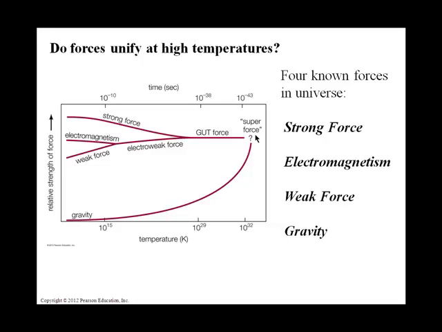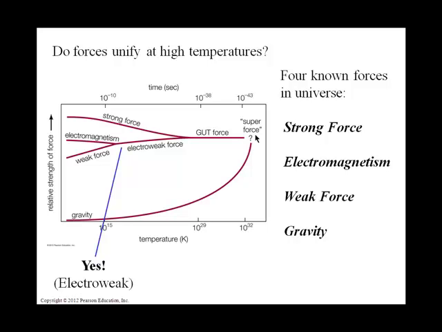So do forces tend to unify at higher temperatures? Well, we saw that at the higher temperatures shortly after the Big Bang, somewhere in the vicinity of 10 to the negative 10th seconds, the electromagnetic and the weak force joined together to make the electroweak force.